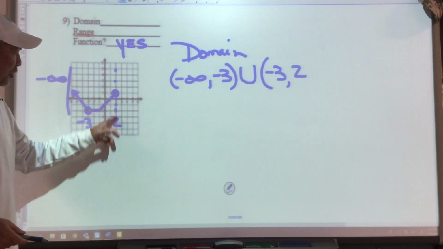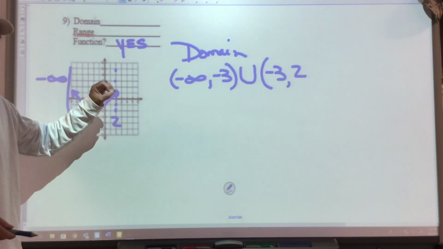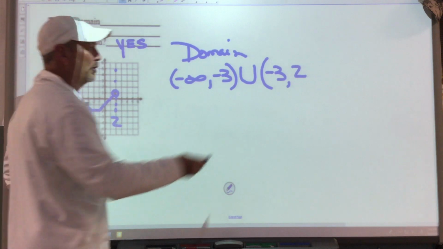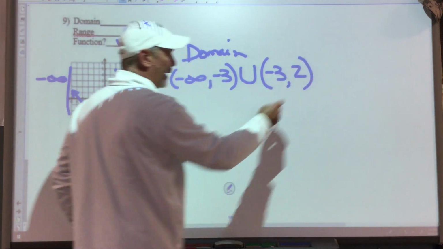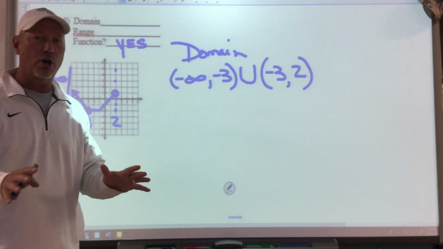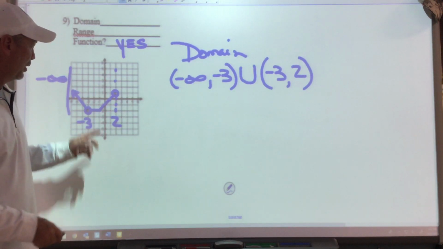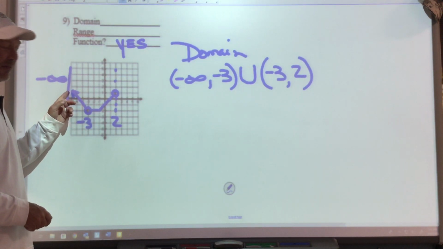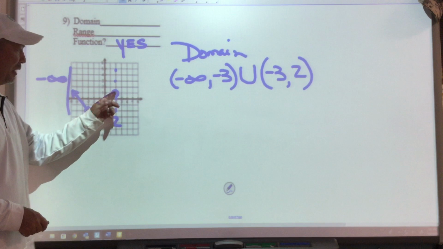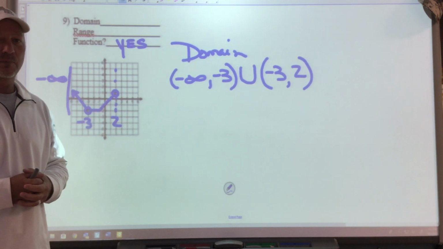This is an open circle. Open circle means do not touch. So you get another soft bracket. There are no hard brackets, okay? Because you have negative infinity, you have an open circle, and you have an open circle.